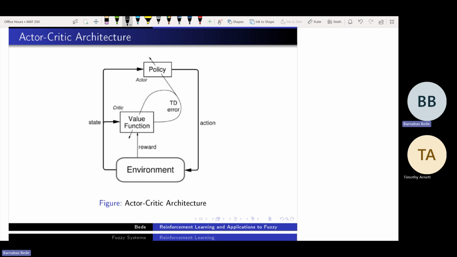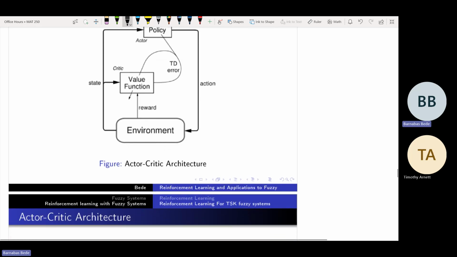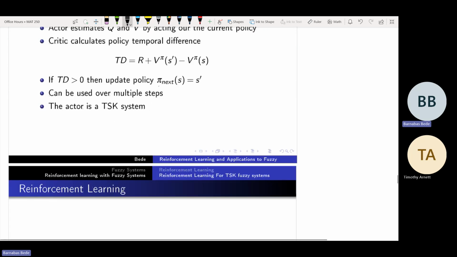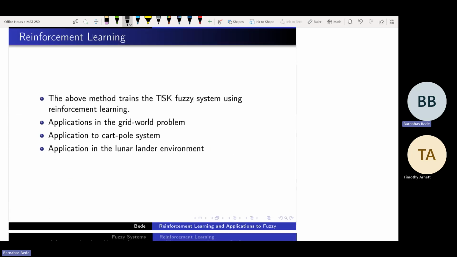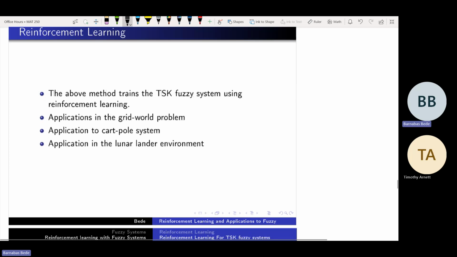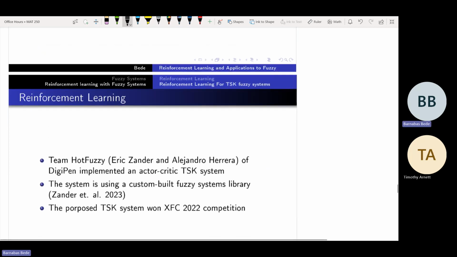Yes. Then I change this system a little bit, see what is the new output, and then I can update the parameters of the system to match the best possible output. Yes. So this system was used in many applications: gridworld, cartpole, lunar lander.